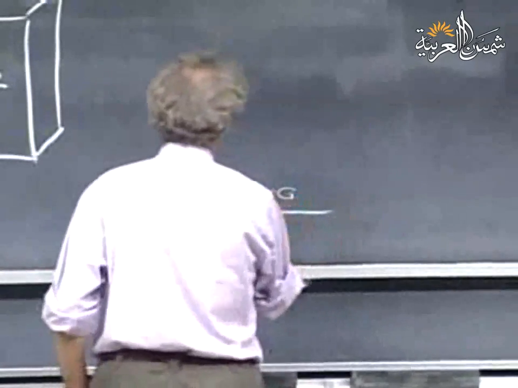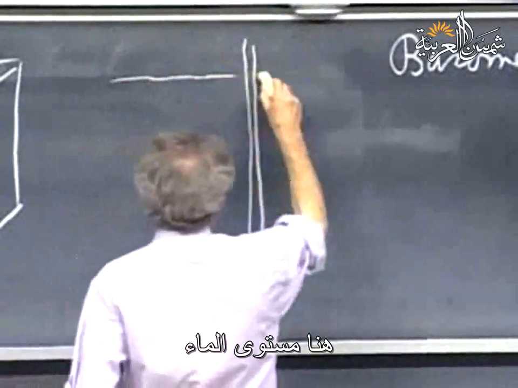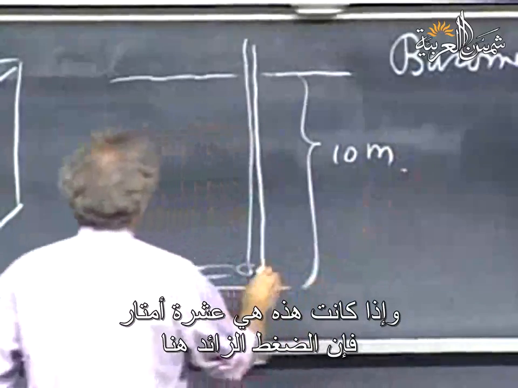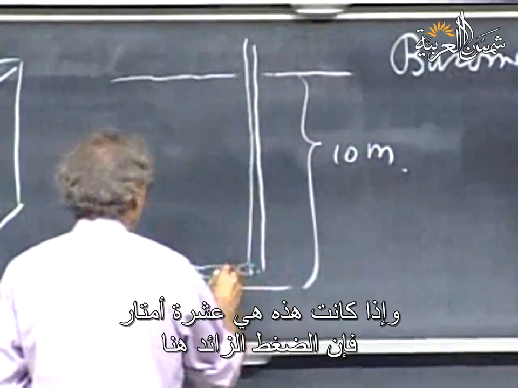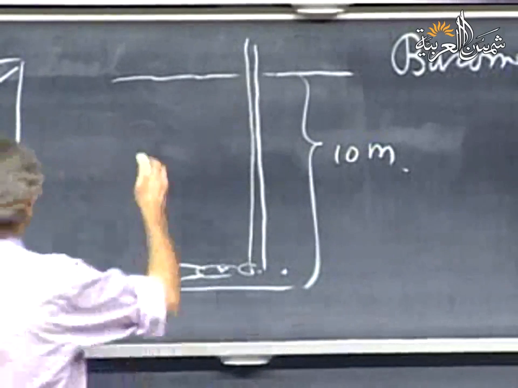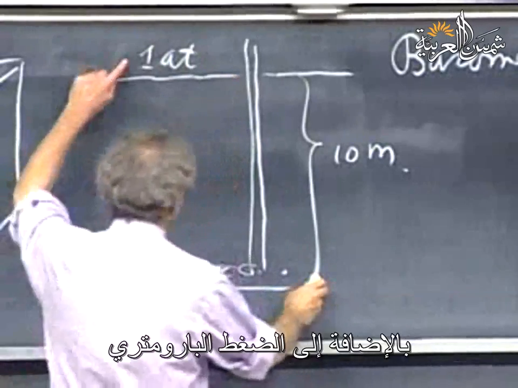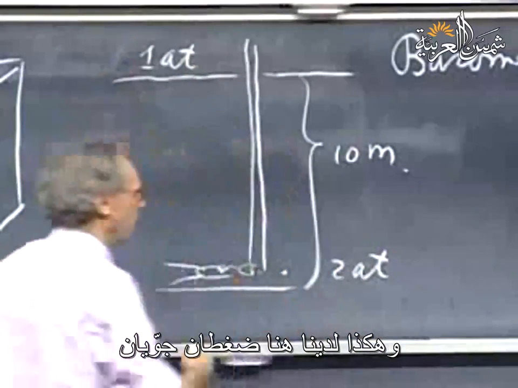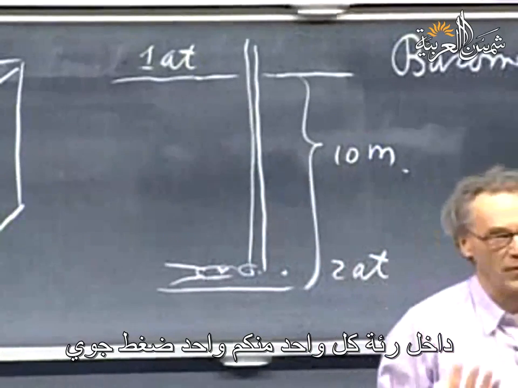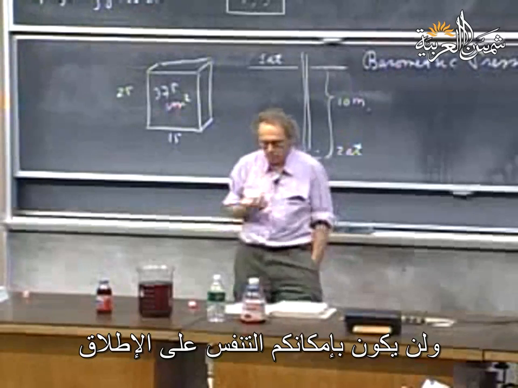If you have a tube, here is the water level, and if this is 10 meters, then the overpressure here between your lungs and the water is 1 atmosphere. So here is 1 atmosphere barometric pressure, here is 1 atmosphere hydrostatic pressure plus the barometric pressure, so here you have 2 atmospheres. So there's a huge force on your chest. Inside your lungs is 1 atmosphere, outside is 2 atmospheres, and there's no way that you could breathe.